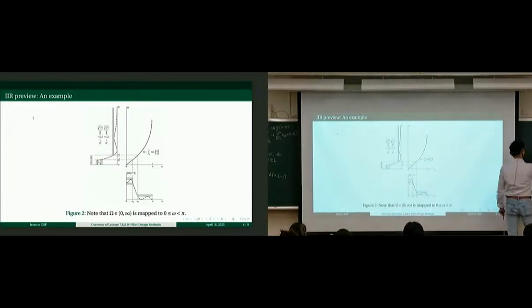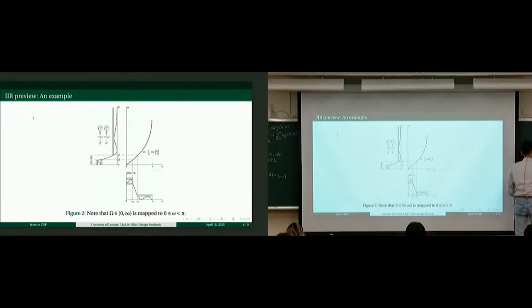The bilinear transformation, because of this definition, turned out that it will lead to this relation between big omega with 2 over TD, TD being one parameter that we can adjust. This is one parameter that can be tuned.